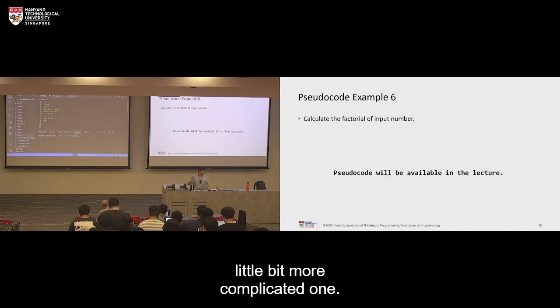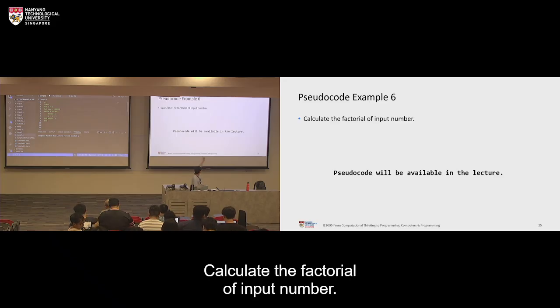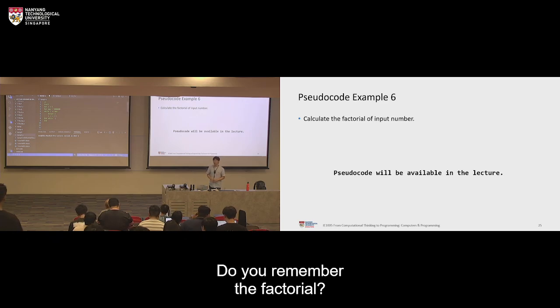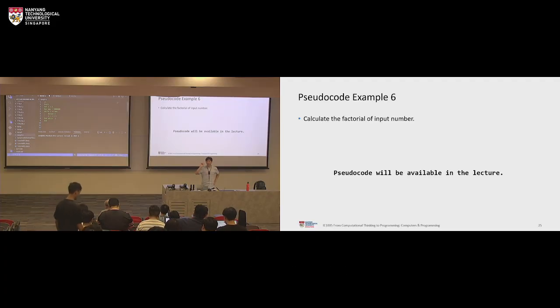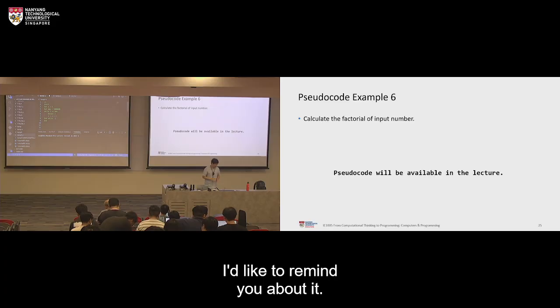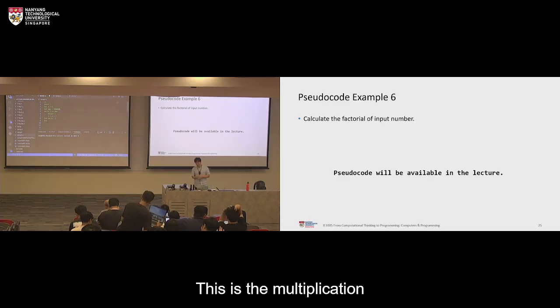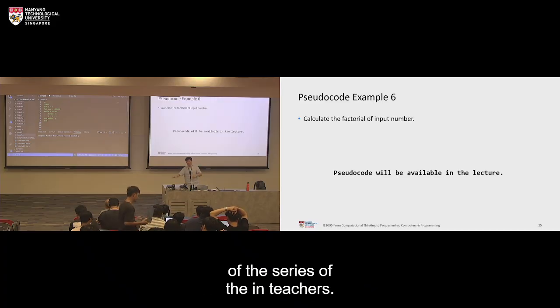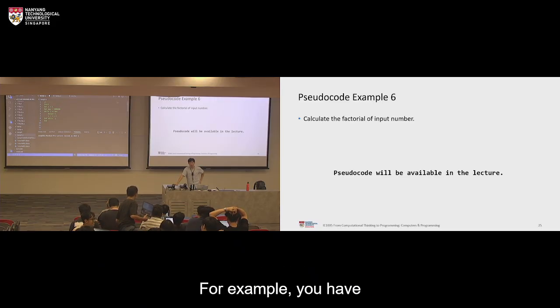Now, we're going to try a little bit more complicated one. Calculate the factorial of an input number. So do you remember the factorial? Okay, I'd like to remind you about it. This is the multiplication of a series of integers.